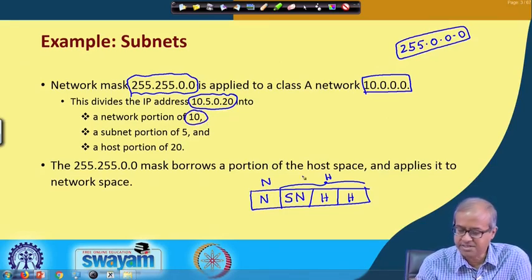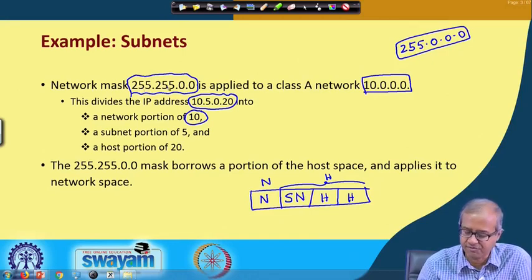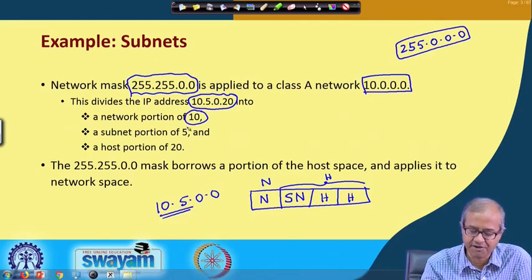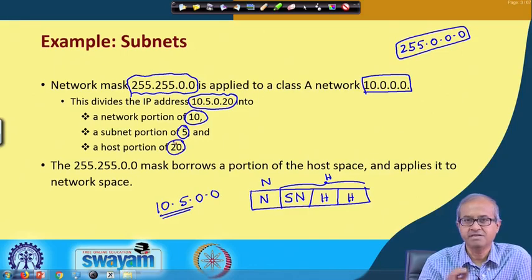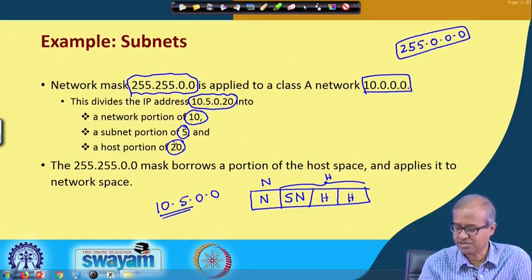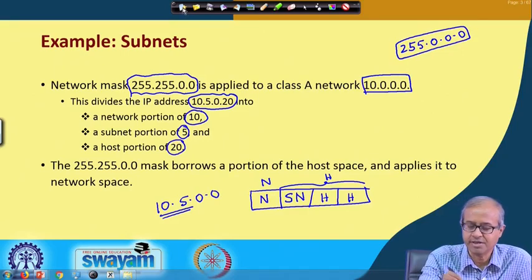Now, if we apply this subnetwork mask 255.255.0.0, you will be getting 10.5.0.0. 10 is already there. So, the subnetwork number will be 5, and whatever remains, the last 16 bits, is 20. This is how subnetworking works.